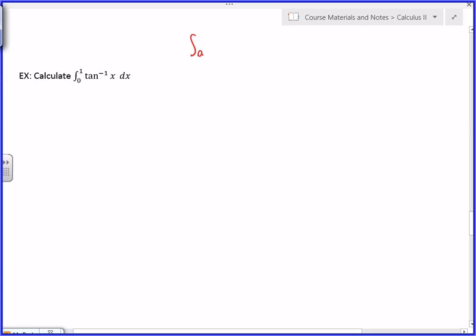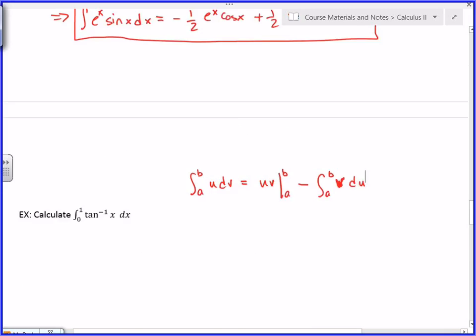If I have the integral from a to b of u dv, that's uv from a to b minus the integral from a to b of v du. So notice how the limits come into play, right? They apply to that first part of the function and then also to the other integral on the right-hand side, okay? All right, and we'll finish that page.